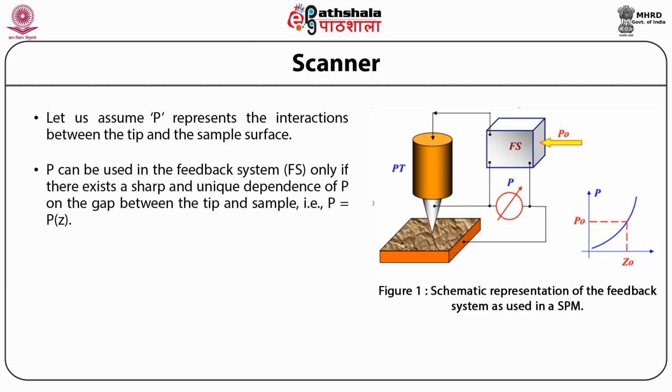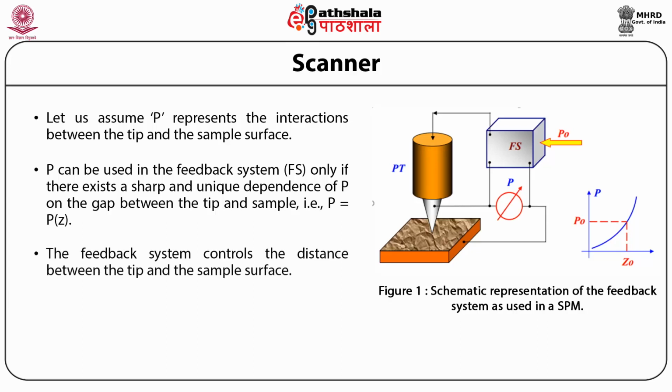That is, P is equal to P as a function of Z. The feedback system controls the distance between the tip and the sample surface. The feedback system in a scanning probe microscope is schematically shown in figure 1.